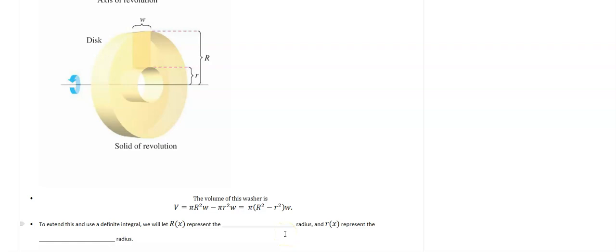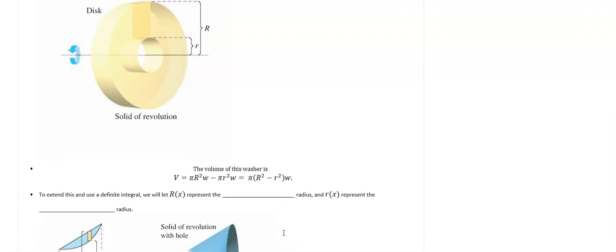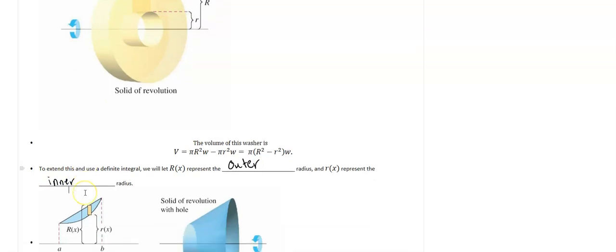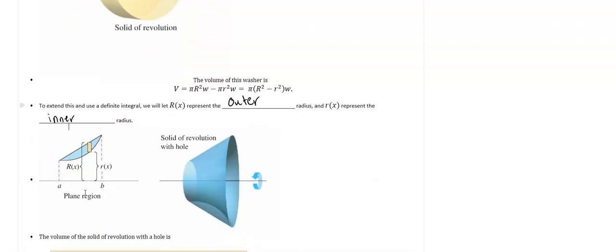And if we extend this to a definite integral, we let R of x represent the outer radius and little r of x represent the inner radius, then we can find the volume as such. To find the volume of the outer radius, we would have pi times the integral from a to b of R of x squared dx, because that's the disk part.